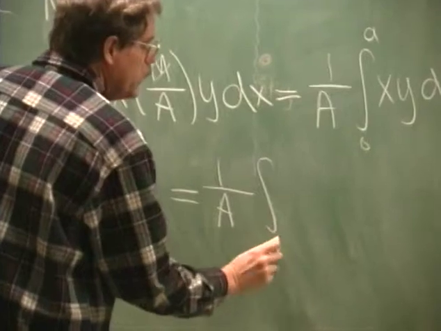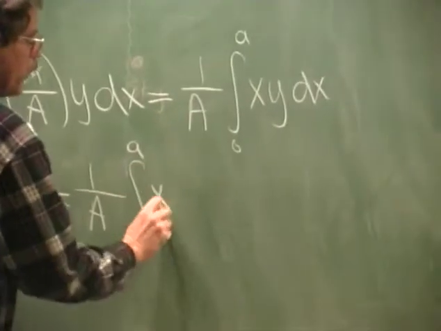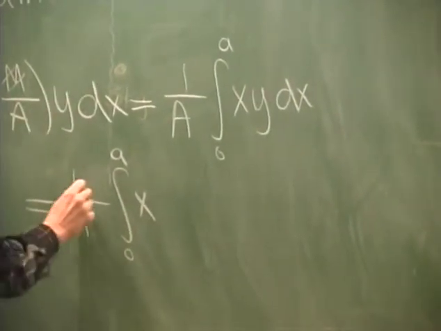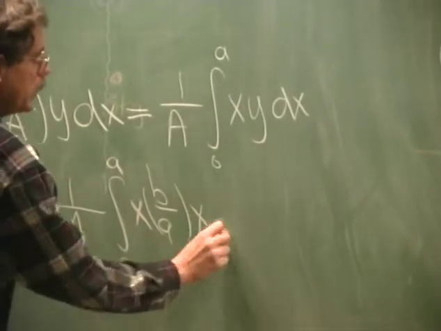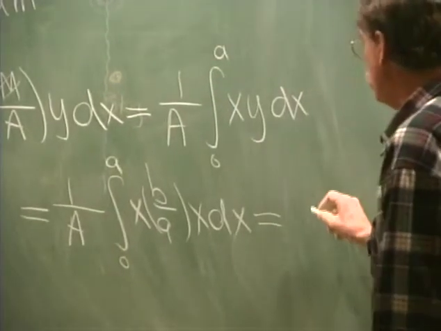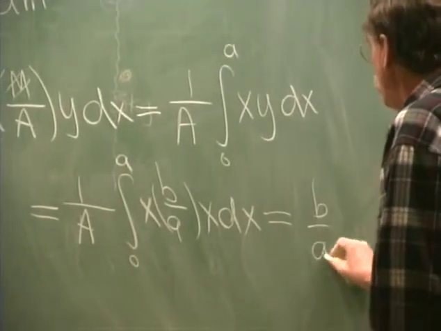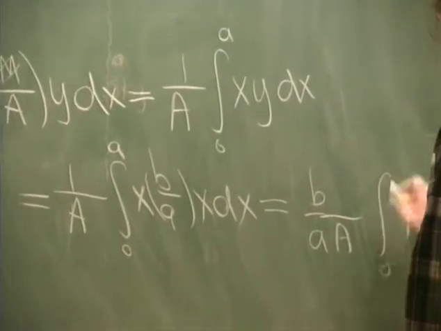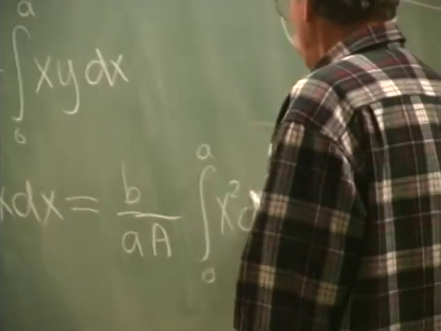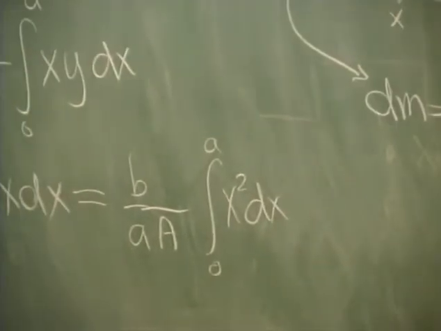1 over A, integral 0 to a of x times b over a, which are constants, times another x dx. I'll haul b over a out in front, so it becomes b over a times capital A, integral 0 to a of x squared dx.